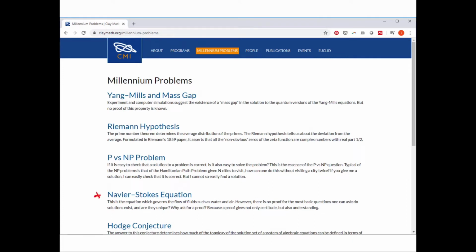One of those problems is developing an analytical solution to show smoothness of the Navier-Stokes equations, because there are discontinuities in it. There's so much complexity in this nonlinear second-order partial differential equation. It's immensely challenging.